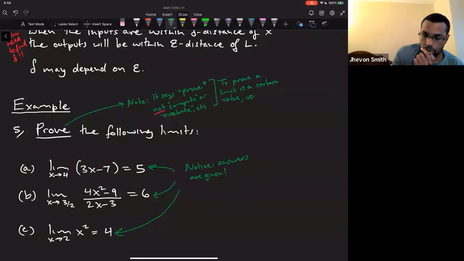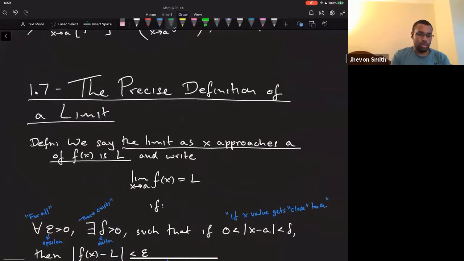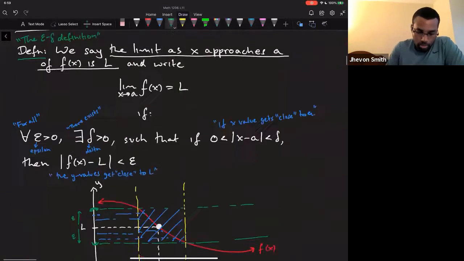You would use the epsilon delta definition. Right, so that's what this guy's called. It's called the epsilon delta definition. Okay.